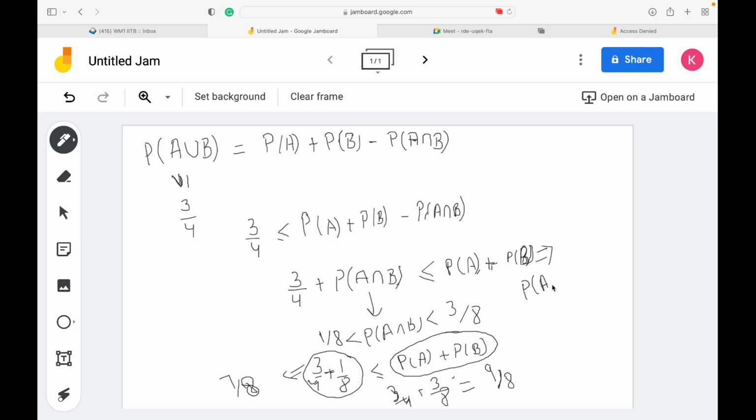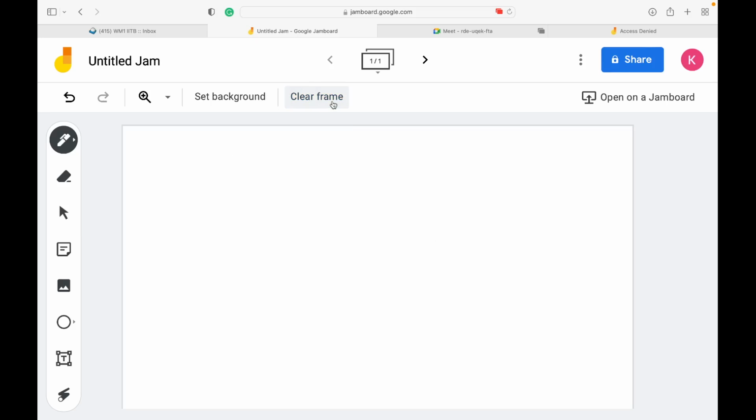This P union, PA union B will be PA plus PB minus 3 by 4, and this ranges from 1 by 8 to 3 by 8.